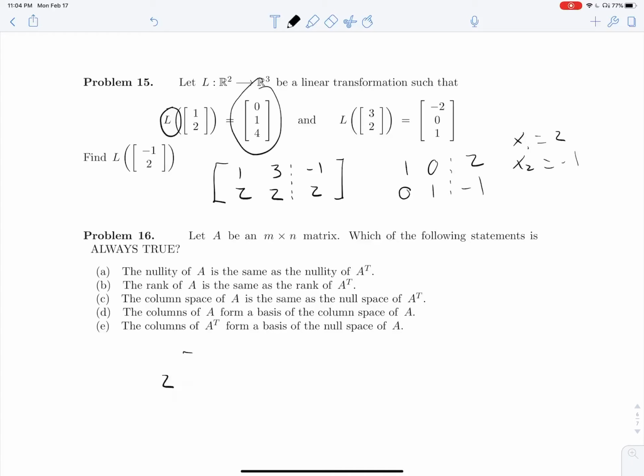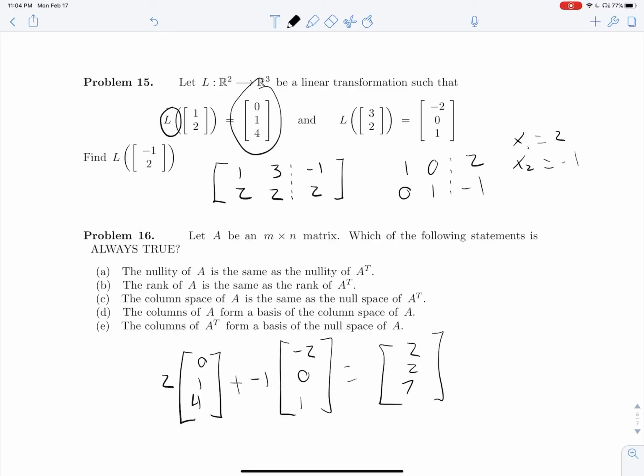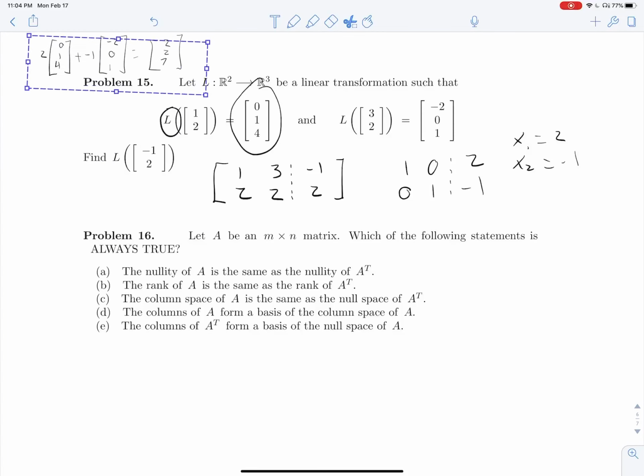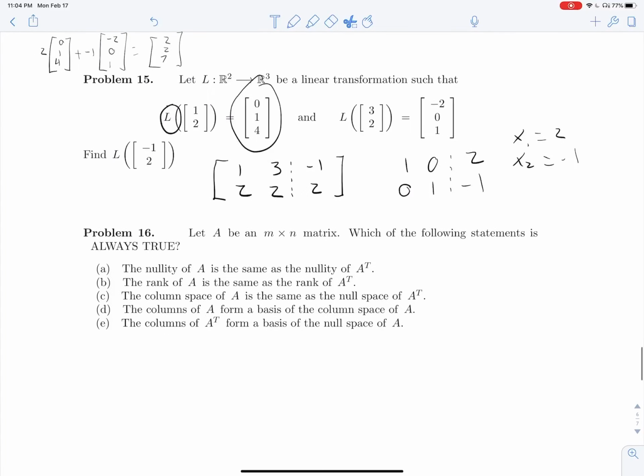So we'll take 2 times 0, 1, 4, and we will add -1 times -2, 0, 1, and out will pop 2, 2, 7, which is our correct answer choice. Okay.